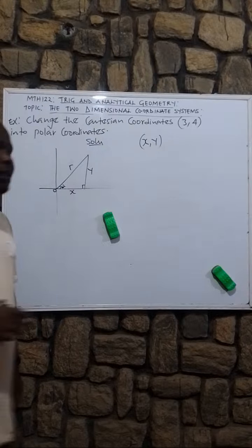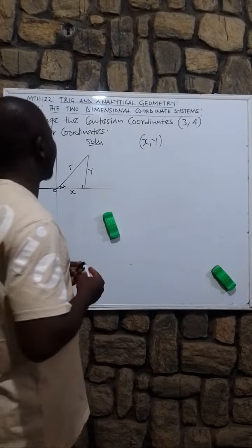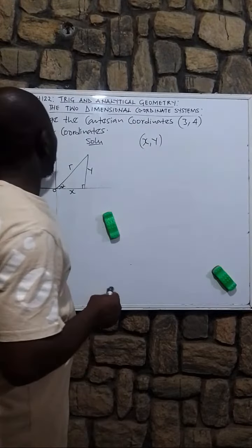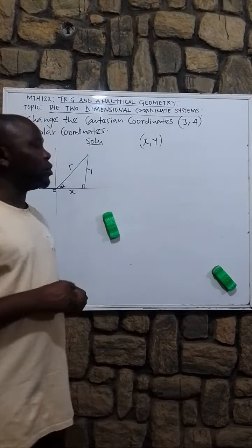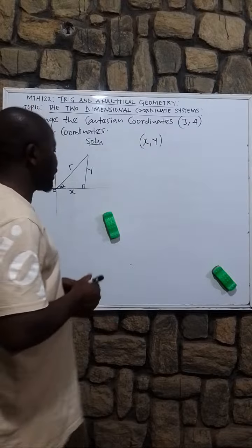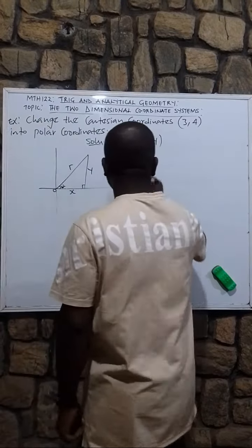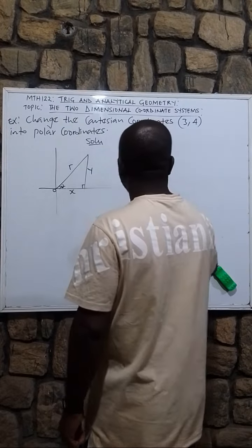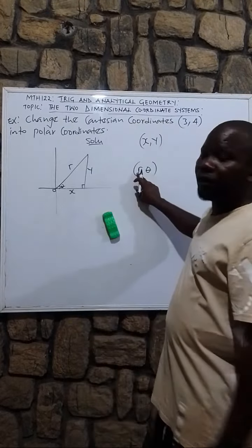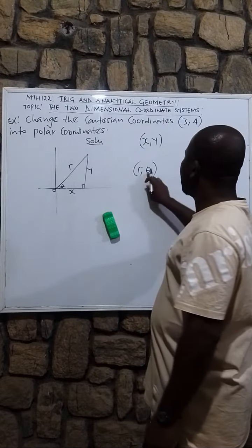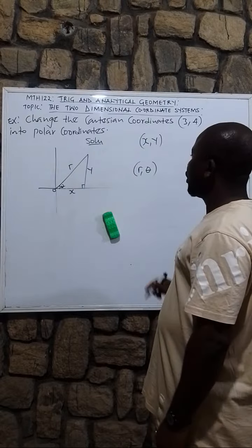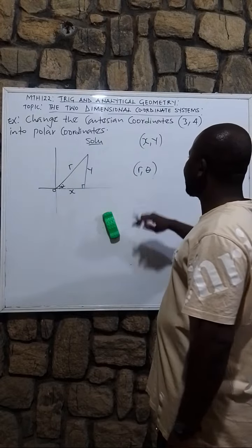They said we should convert, that is, change the Cartesian coordinates into polar coordinates. So what we need to do here is, polar coordinates has r, theta, two of us. So we are going to look for the value of r and also the value of theta.